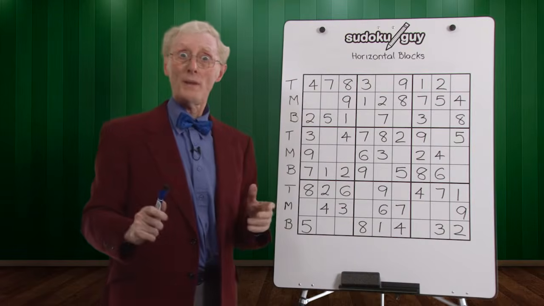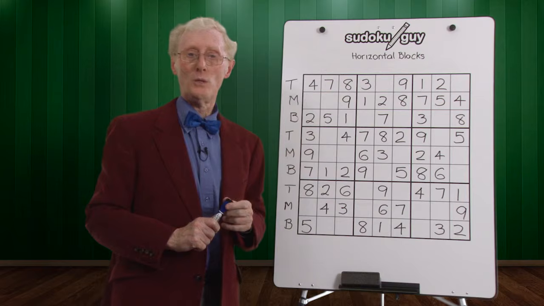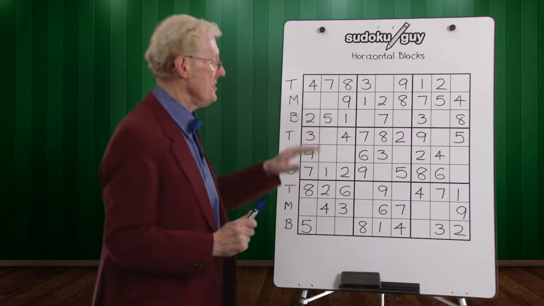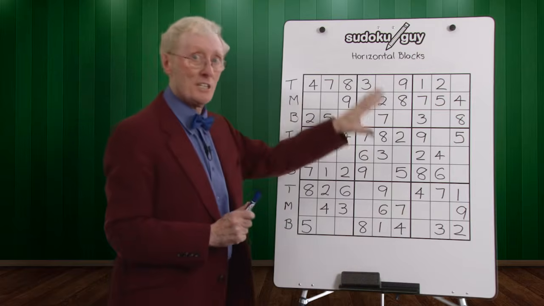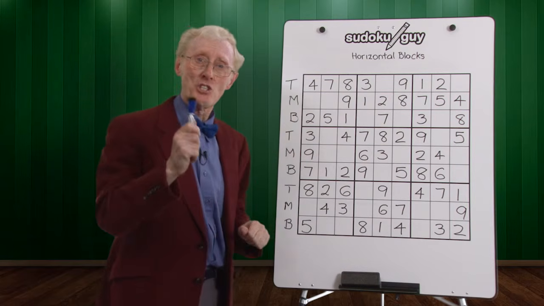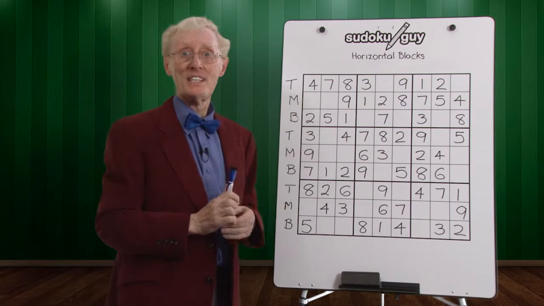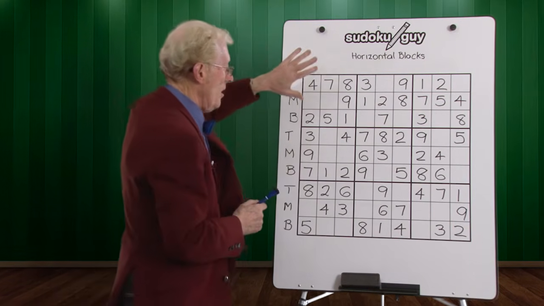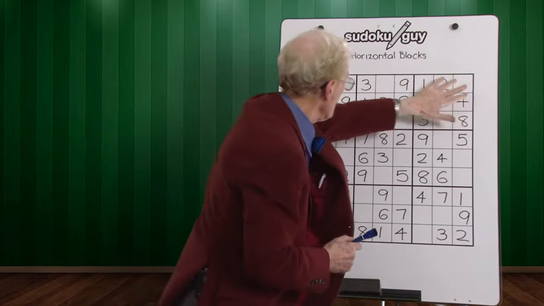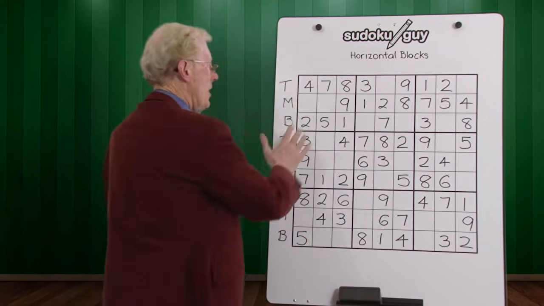So here we go with our first puzzle. Now let me tell you up front, this is a really, really easy puzzle. There's lots of numbers there, but I'm going to show you the step-by-step way of getting started. First of all, remember I talked about these blocks. I'm going to call them horizontal blocks.